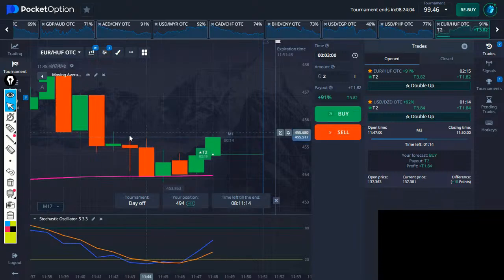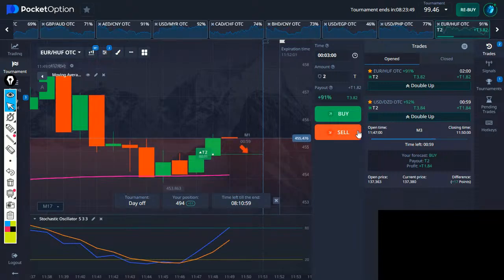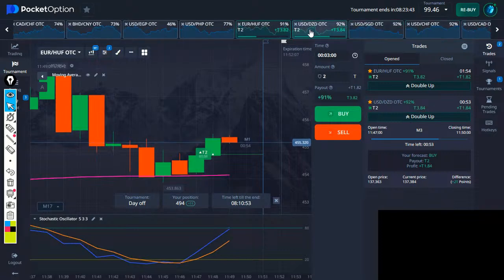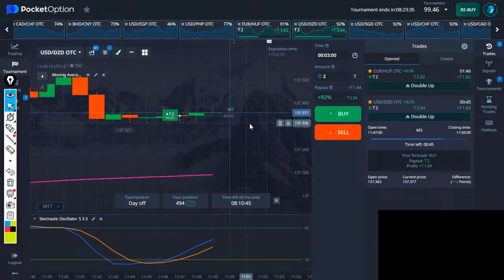A close above this area is nice. Our first trade also is doing great. Let me see. Okay, it's doing fine.